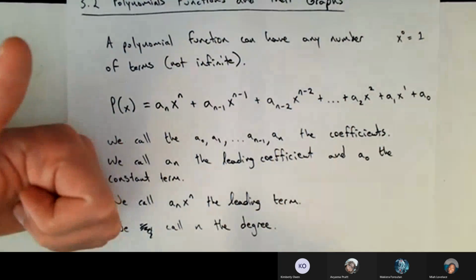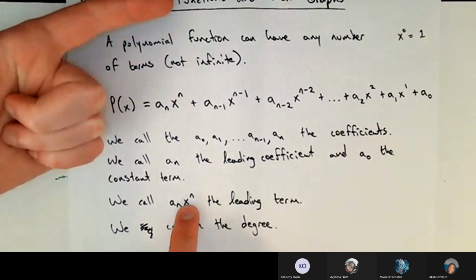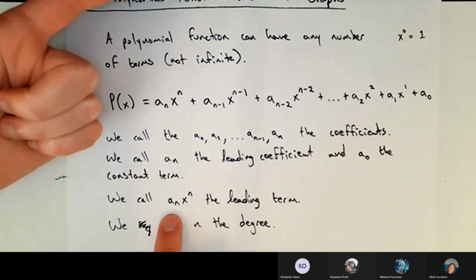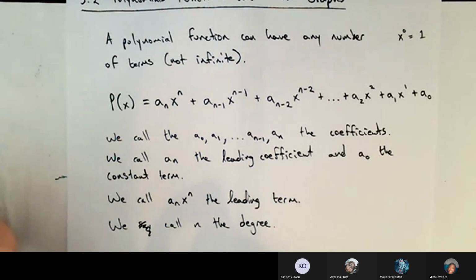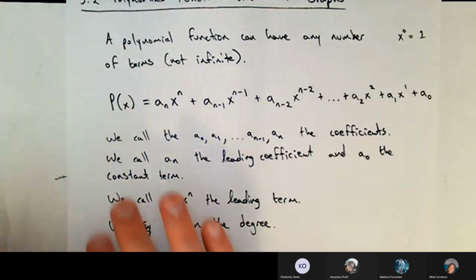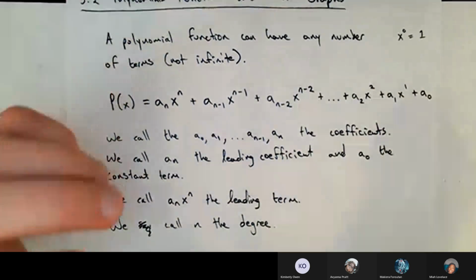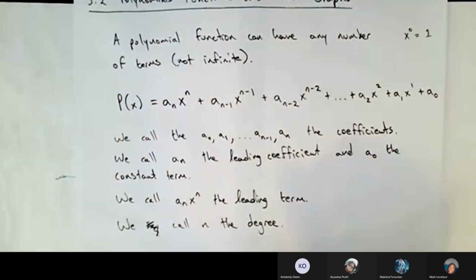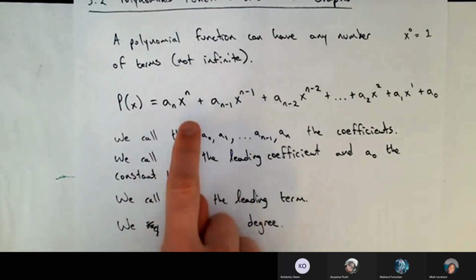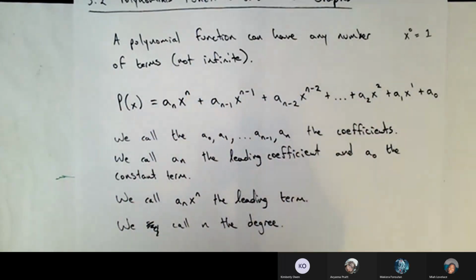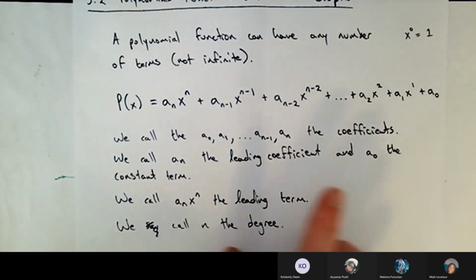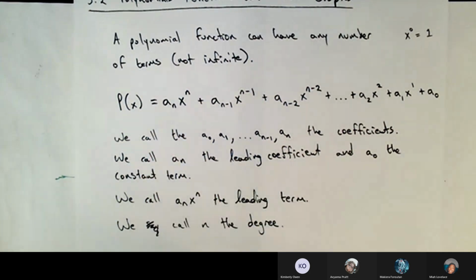Both the leading coefficient and the degree, that n, are going to be like the king and queen of the polynomial function. All of the other terms you can think of as being weaker. So the leading term is going to dictate the overall shape of the polynomial function graph.